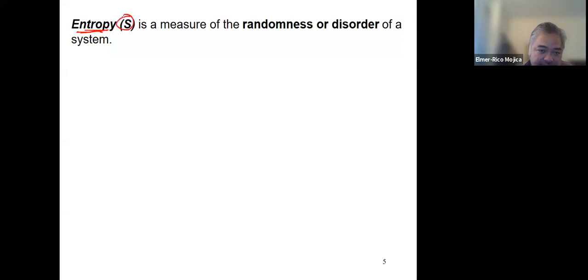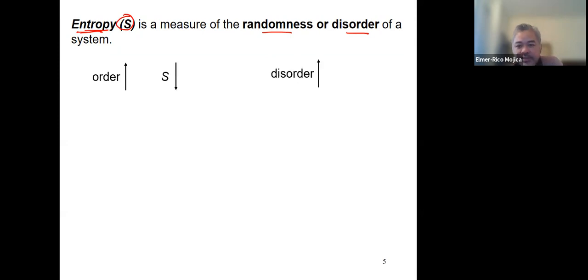denoted by S. Now, S is a measure of what we call randomness or disorder of a given system. Now, what they observe is when there is more order in a given system, S decreases.